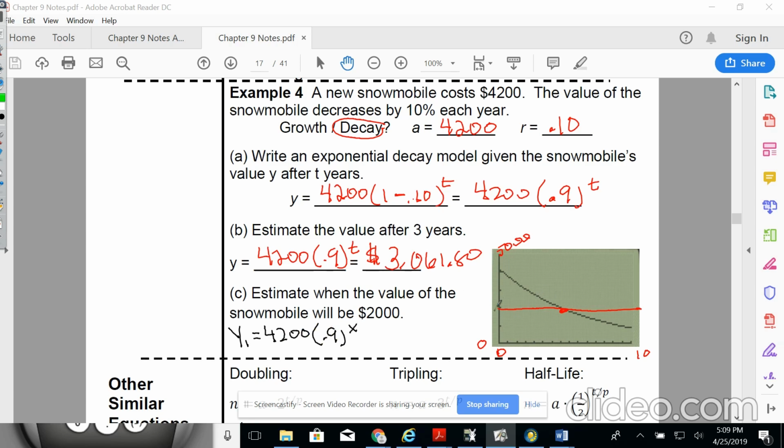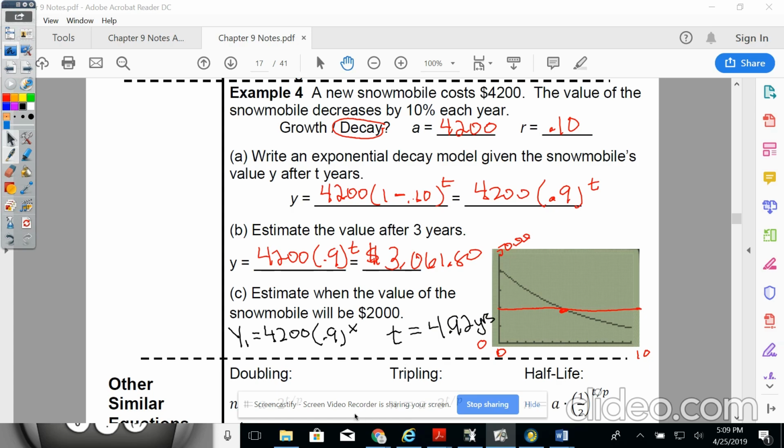And in y2, we type in our 2,000 with this window, 0 to 10, 0 to 5,000. Second trace number 5, enter, enter, enter. Gives us that time is 4.92 years. Which again, we would round it to 5, probably in answer choices.